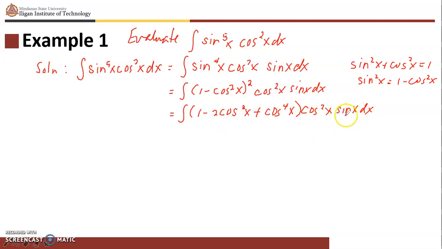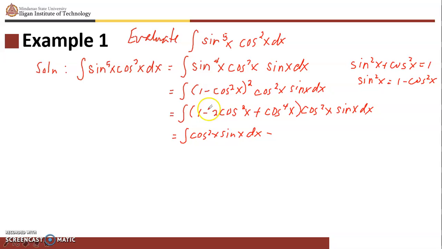And we can distribute this cosine squared x sine x dx and come up with the integral of 1 times the entire thing, which gives us cosine squared x sine x dx.